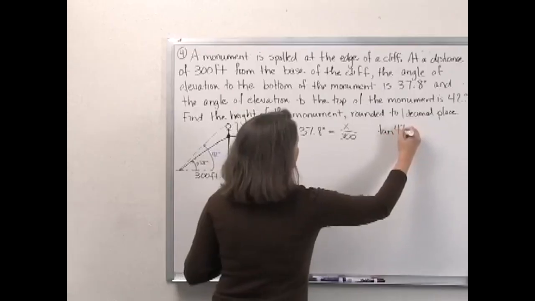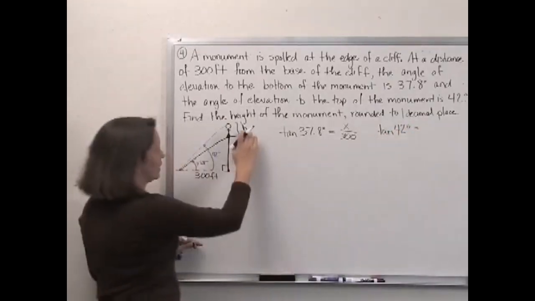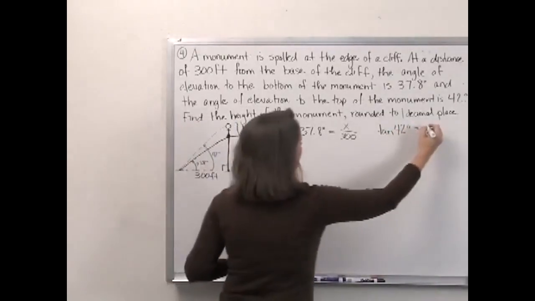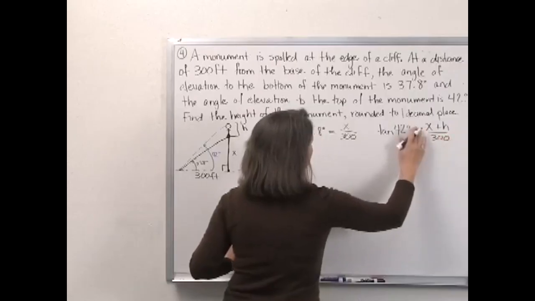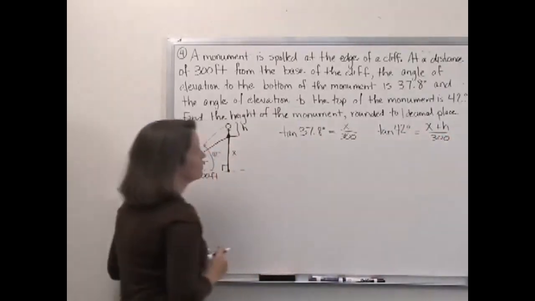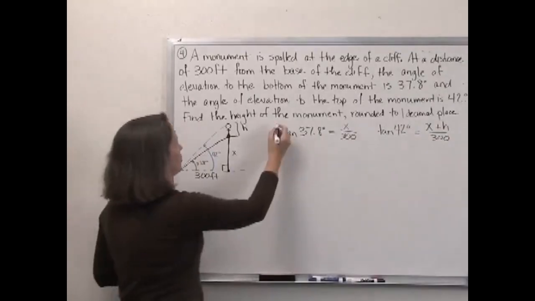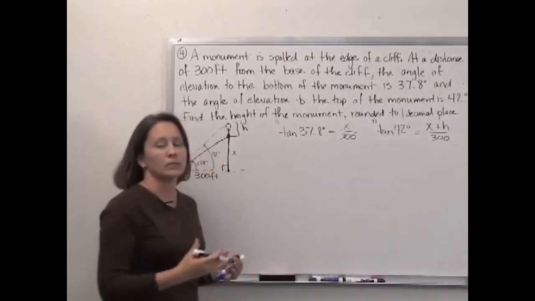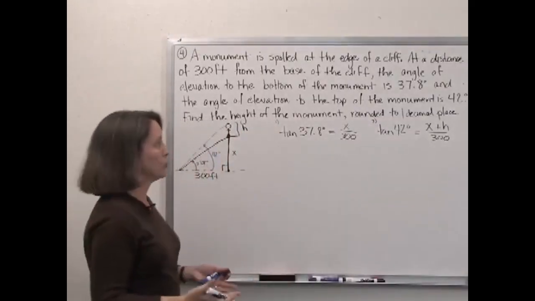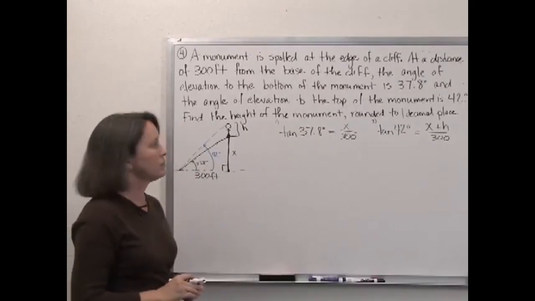Tangent of 42 degrees is the opposite side, x plus h, over the adjacent side, 300. So look at what we have. We have 2 equations with 2 unknowns.